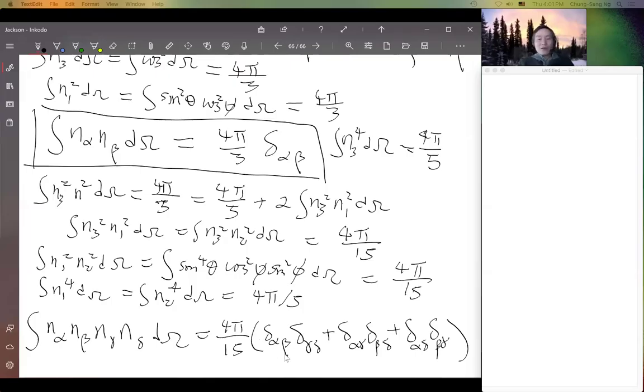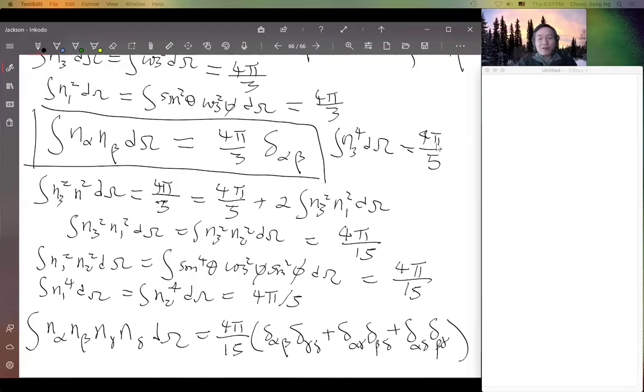Okay, if you combine all this, you get this because, say, if all of them are the same, this is 1, this is 1, this is 1. So altogether it's 3, and then 3 divided by 15 is 1/5.